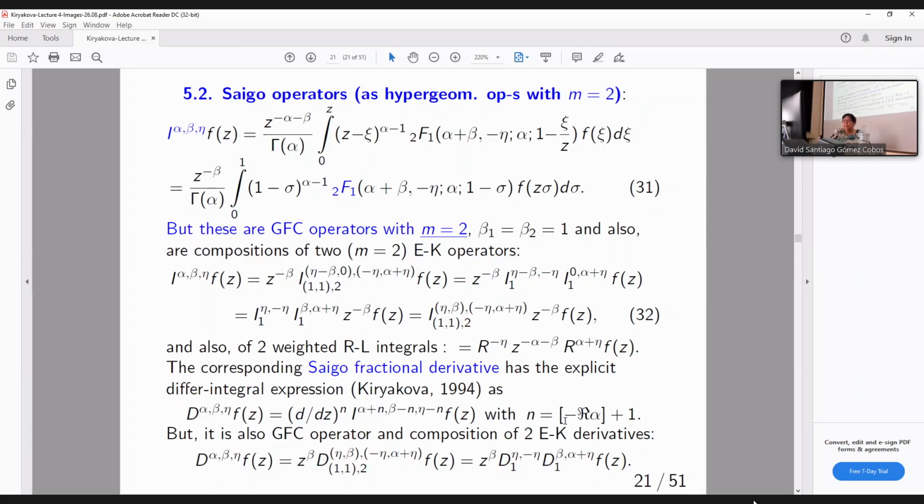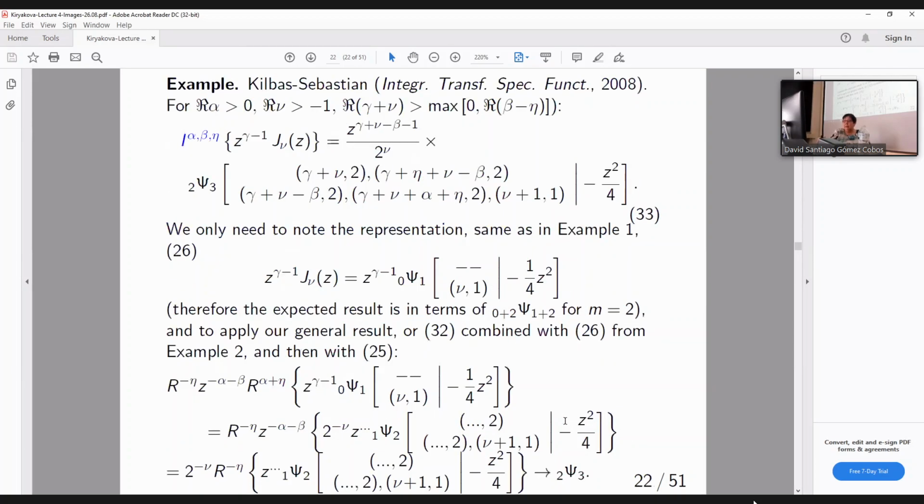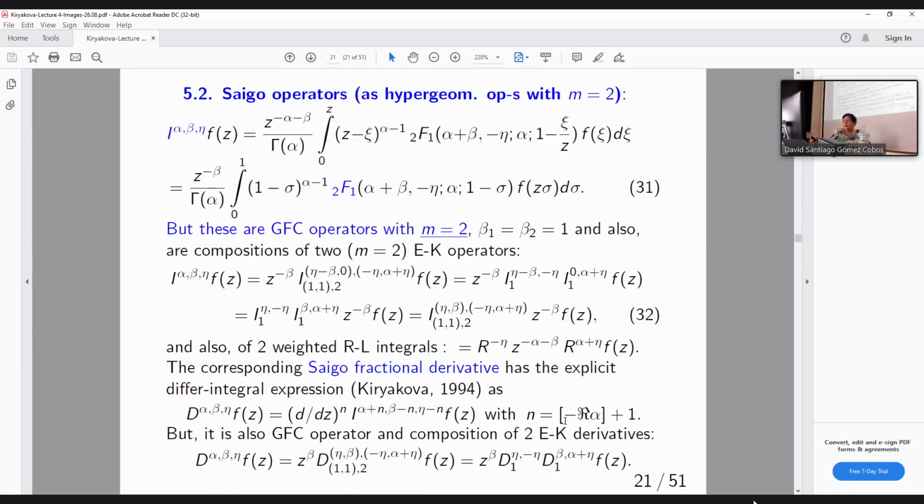What are the Saigo operators? You see here equation 31. This is an operator introduced by Saigo in studying Euler-Darboux differential equations, also used in univalent function theory, but it is a very special and popular case of fractional calculus integral of hypergeometric type, because the kernel function includes the Gauss function.